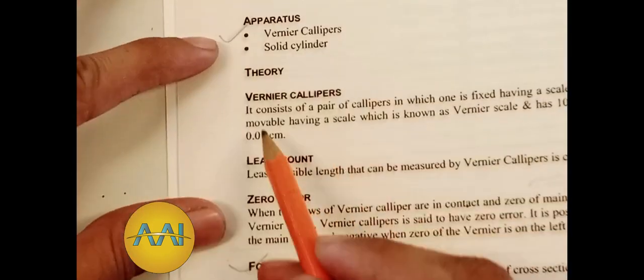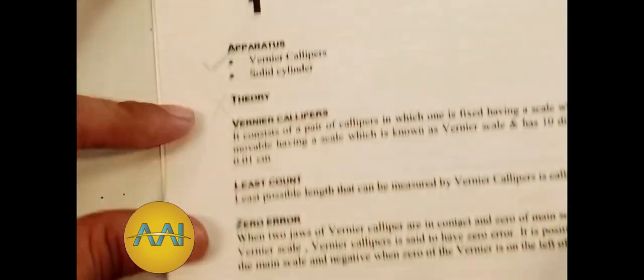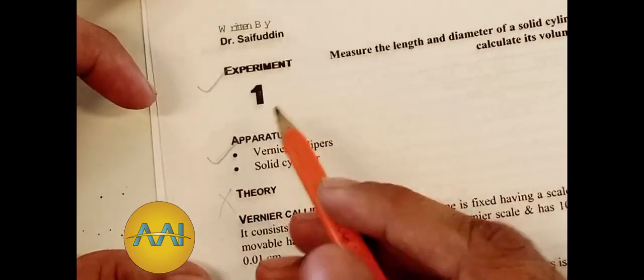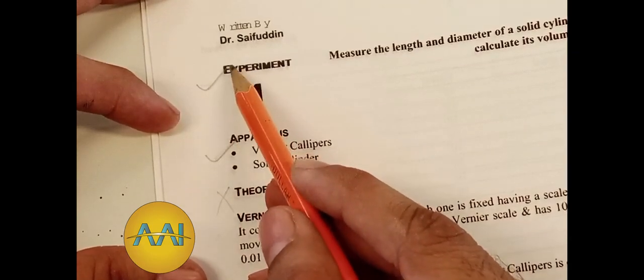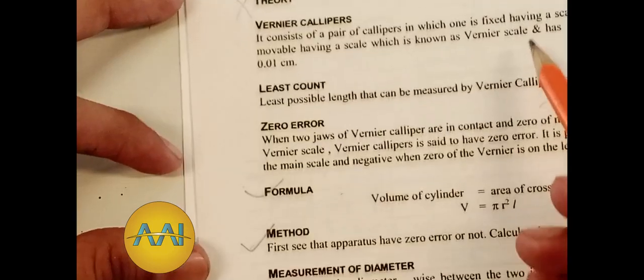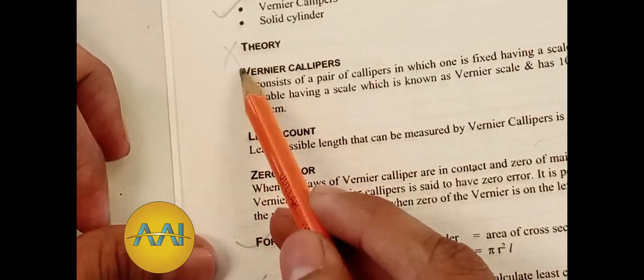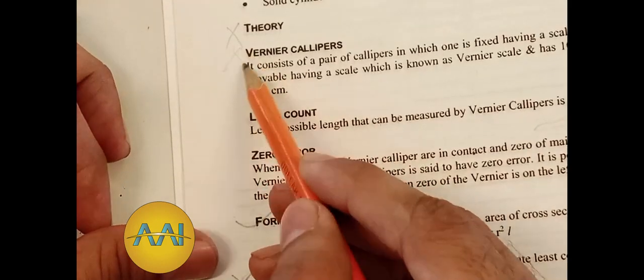You don't need to write the theory in your manual or practical journal. What you have to write is the experiment and the apparatus. As I told you earlier, theory you don't need to write. This thing is also not required.